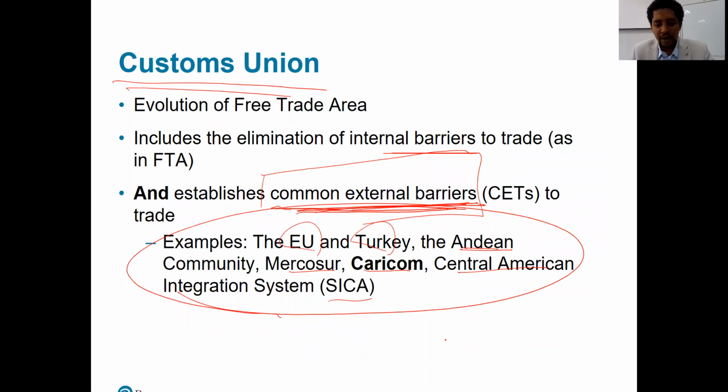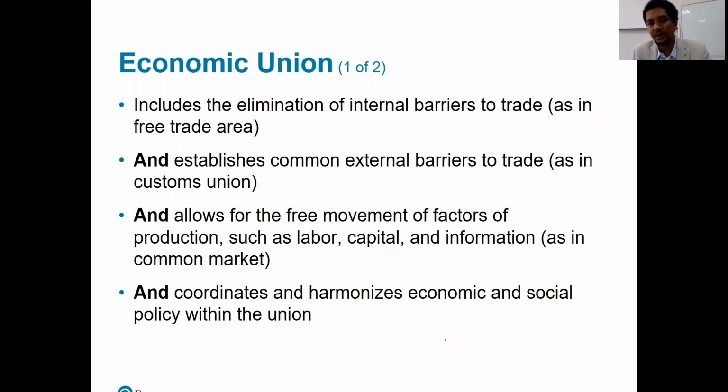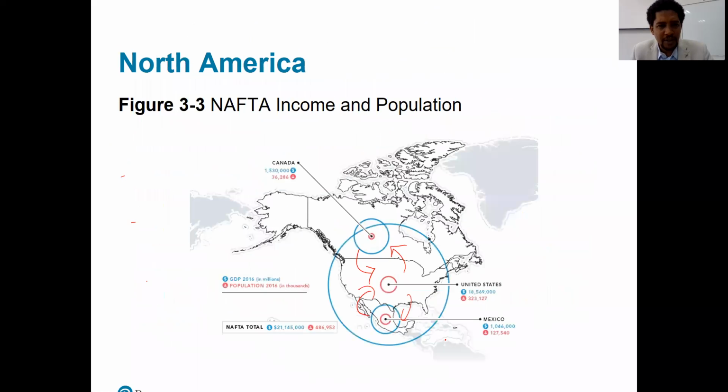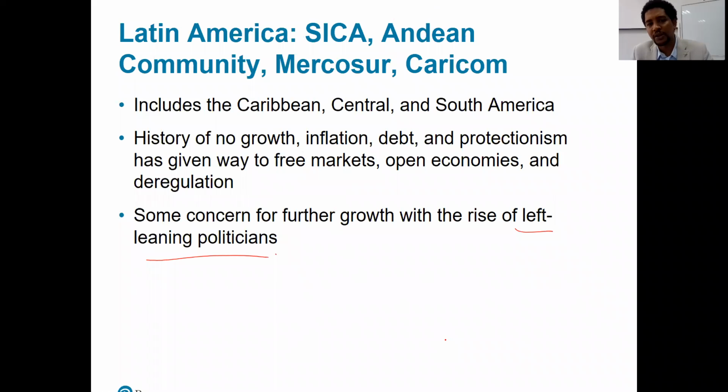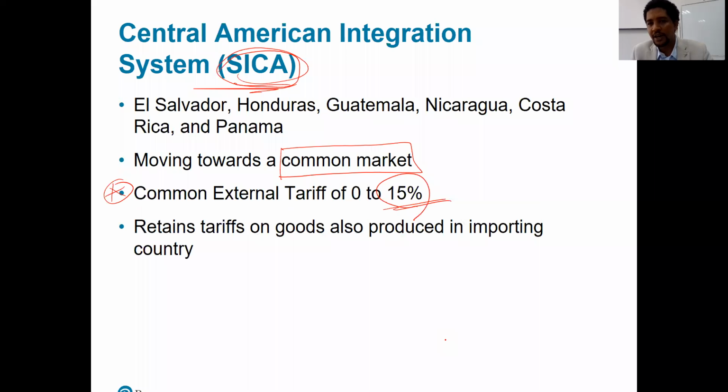And so I want you to identify these free trade agreements that could be categorized under customs unions, common markets, and economic union, okay? And the other important thing is to know about these different free trade agreements. So the North American Free Trade Agreement, NAFTA, the Central American Integration System, okay?